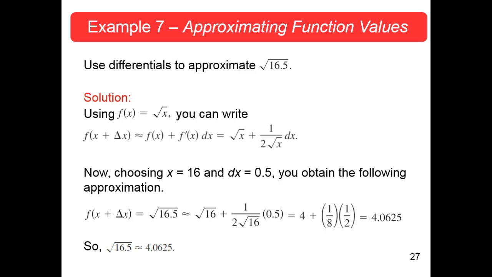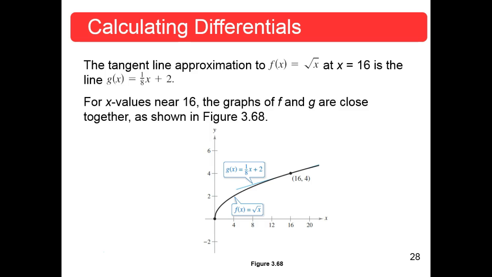All right. Now, the tangent line to approximate the square root of x at 16. Square root of 16 is 4. So that's the place we're starting. We're going to approximate it at 16.5.